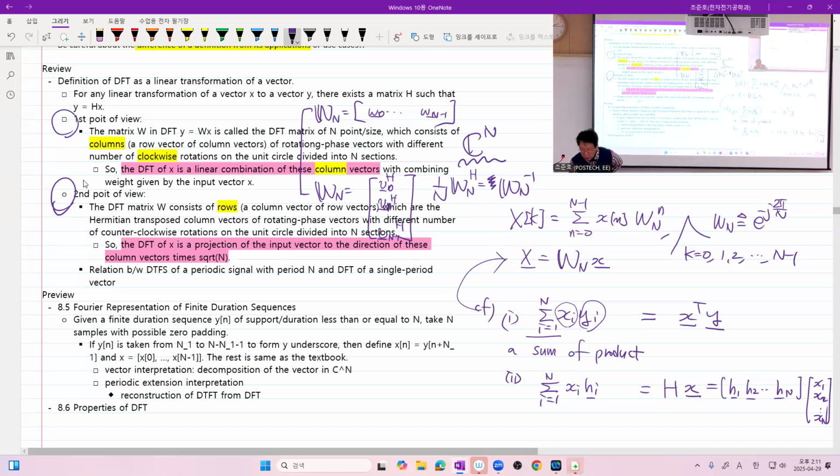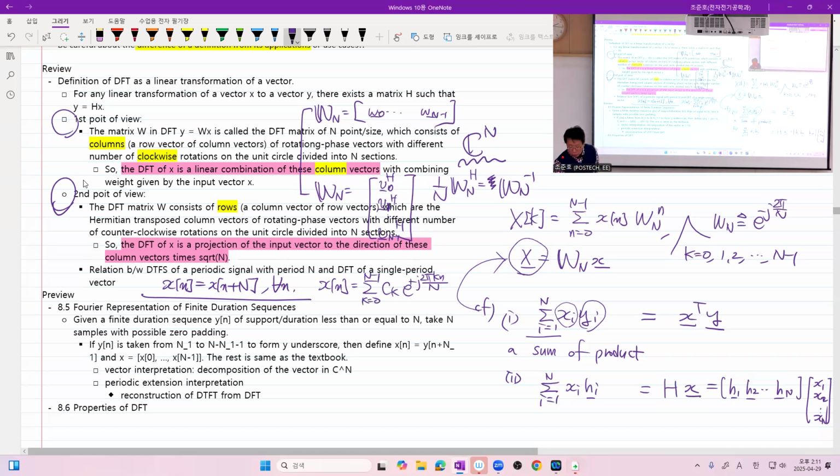By the way, at the end of last class meeting, we had something like this. Suppose a discrete time signal is periodic with period capital N, which by definition means x is the same as x evaluated at n plus N for all n. Then, if you find this DFT vector, what's the relation between the Fourier coefficient Ck and the DFT coefficient?